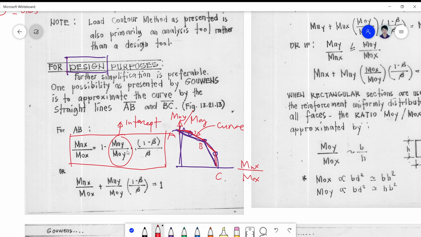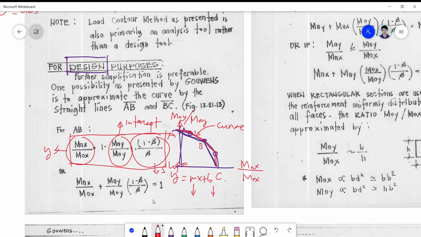So if I'm making use of a y equals mx plus b equation, I can distribute it here. 1 minus beta is the slope, and this is the intercept. So you just plug in here and you get this equation.